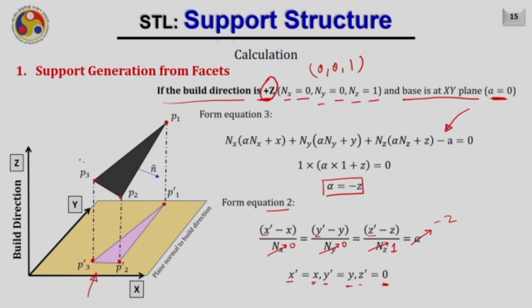So, for example, if P3 is x, y, z, then of course P3 dash will be nothing but x, y, 0. In a similar fashion, P2 dash and P1 dash. But please remember that it is true only when the build direction is in plus z direction and your base is aligned with xy plane.